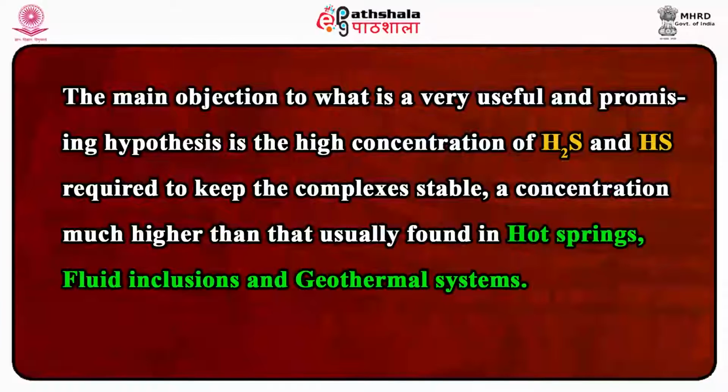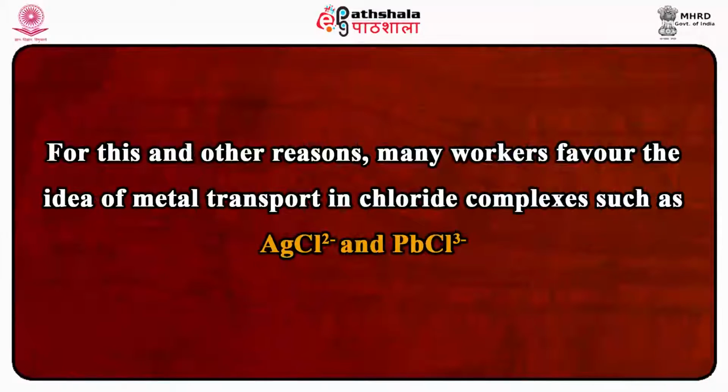Fluid inclusions and geothermal systems. For this and other reasons, many workers favor the idea of metal transport in chloride complexes such as AgCl2 and PbCl3. It is likely, however, that both and other complexes play a part.